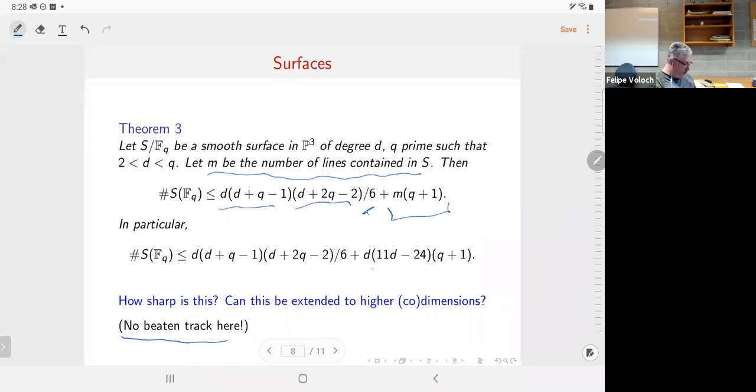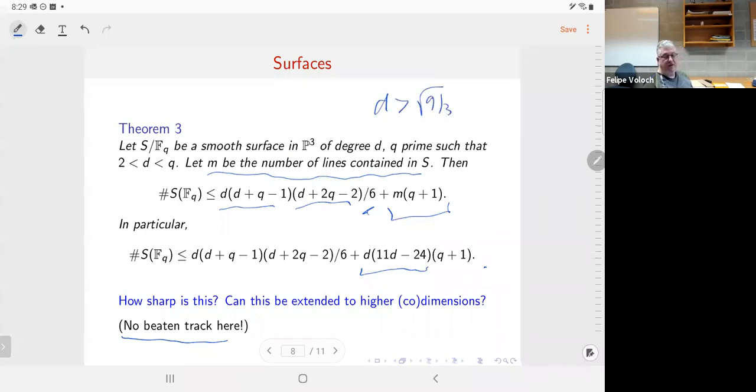And if you use the old bound of Salmon for the number of lines contained in the surface, you get this bound here, only in terms of D and Q. This bound is better than what you get from Deligne when D is bigger than something like square root of Q over 3.